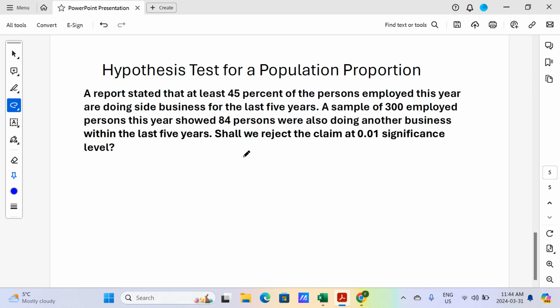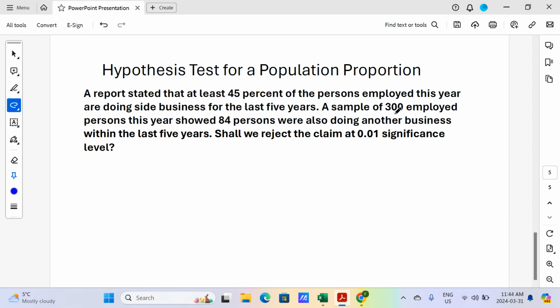First, I need to check if the binomial conditions fit. If you remember, in a binomial experiment, we always have a fixed number of trials. Here I have a sample of 300 employed persons. They are trials. We have n equal to 300 trials.